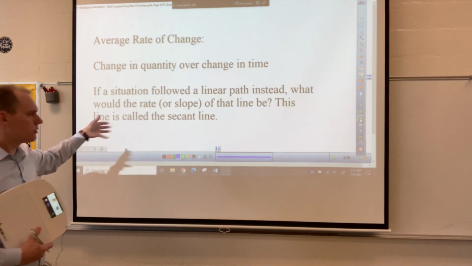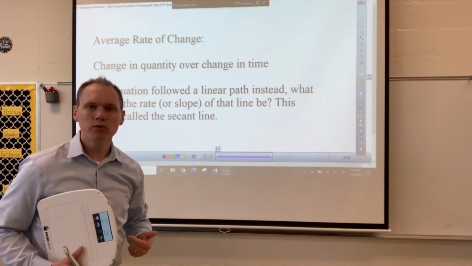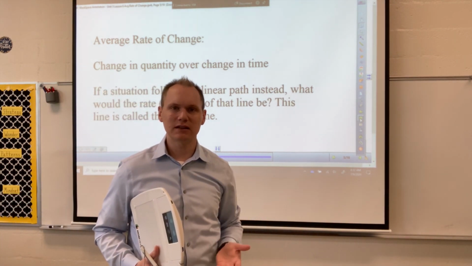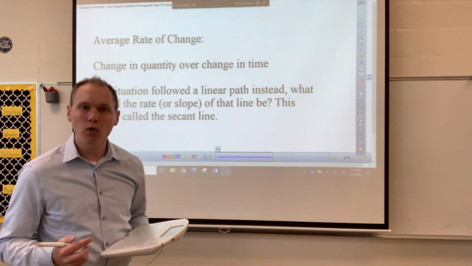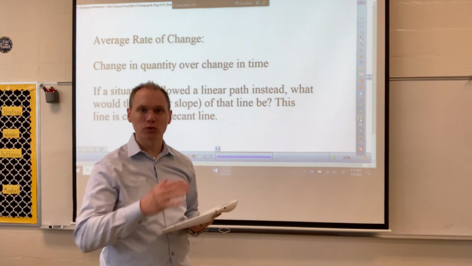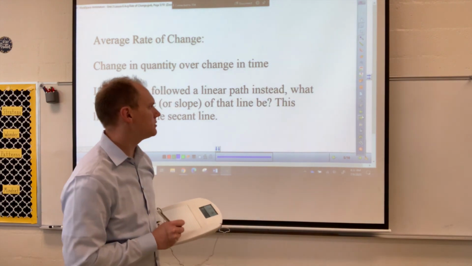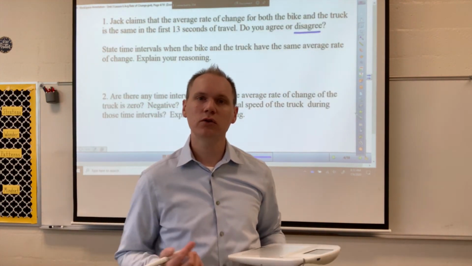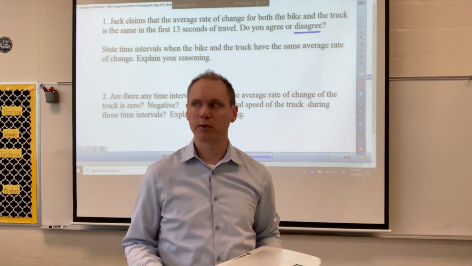So this is what we call the secant line. So what we really want to know, in terms of the average rate of change, is what is the slope of the secant line? And it won't necessarily be the slope of the actual line, but that still tells us, on average, how quickly things are increasing or decreasing over this time span.